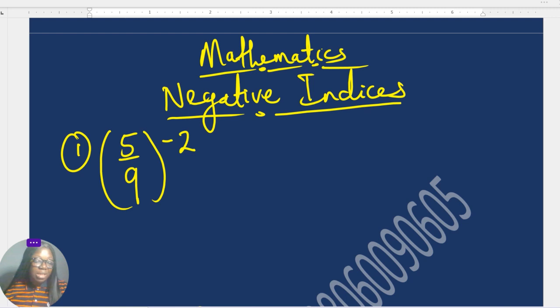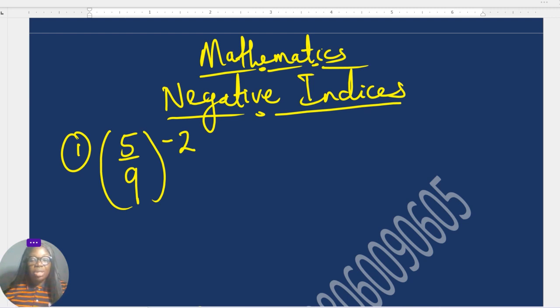Whenever you see expressions like this in maths, how do you simplify? There is a rule for negative indices. Anytime you have a negative index, in order to get rid of the negative sign, you need to write that number as its reciprocal.